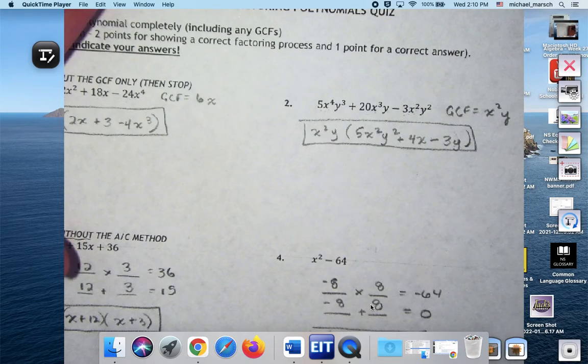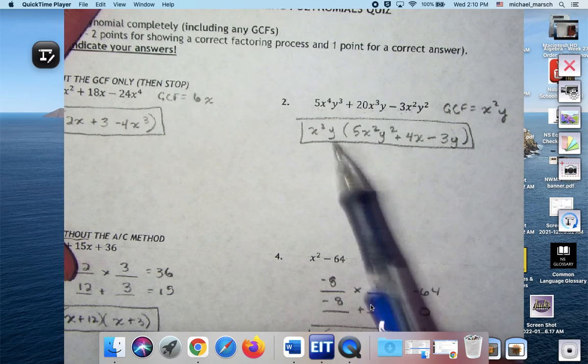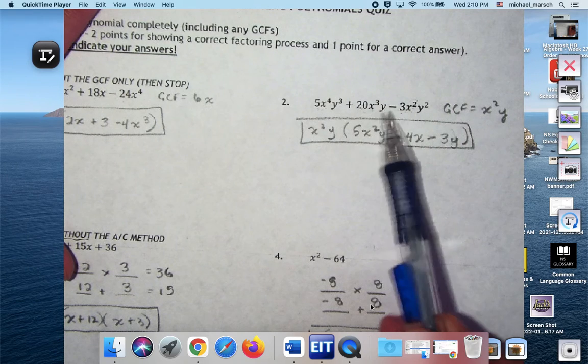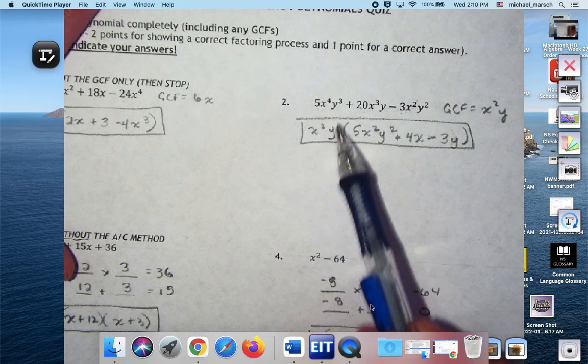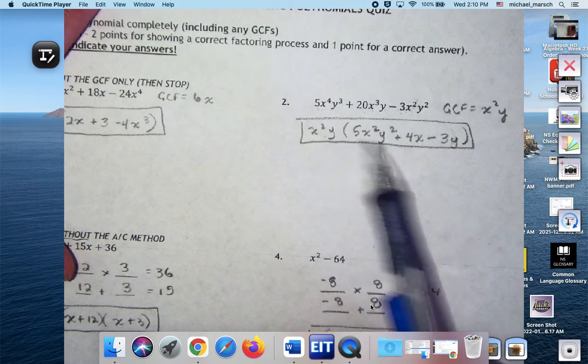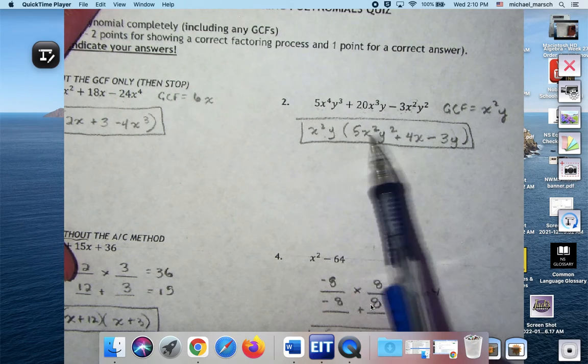Question 2, I don't have a common factor for my coefficients, but I can take out x squared because that's the smallest exponent here, and I can take out a y because that's like having a 1 there. So I take these out, and then I have to ask myself, what times this will give me that? Well, it's going to be 5x squared y squared.